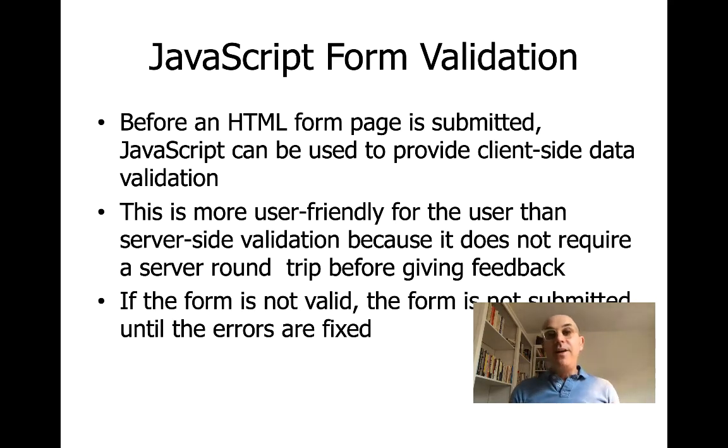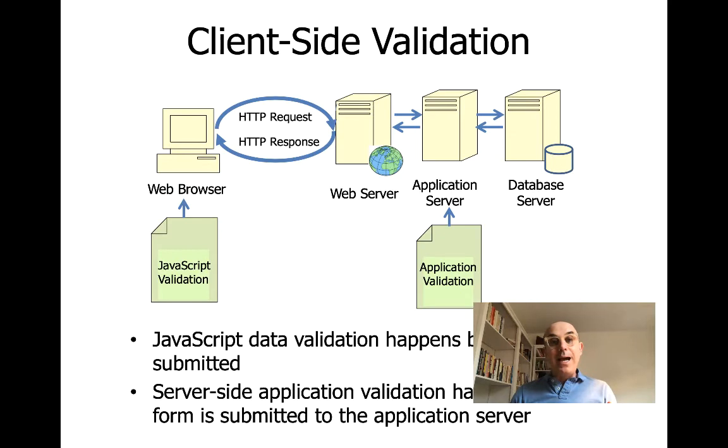Next is the validation. Before an HTML form is submitted, it has become a standard that JavaScript can provide validation. Why is it important? We want the user to provide us the full information in order for us to verify it. If the form is not valid, the form is not submitted unless the errors are fixed, and this is how JavaScript applies to it.